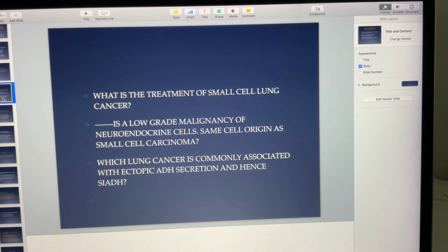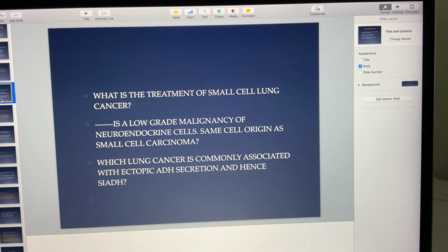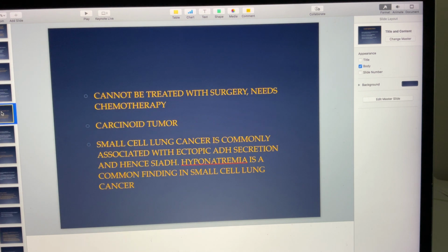And the cancer that has a low-grade malignancy of neuroendocrine cells, that is carcinoid tumor. Okay, that is carcinoid tumor. The cancer that is associated with ectopic ADH secretion and SIADH, that is small cell lung cancer. And in this type of cancer, you are likely going to see hyponatremia. It is a common question that they ask.